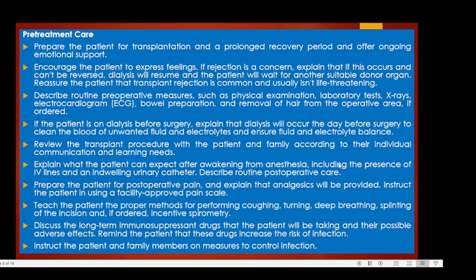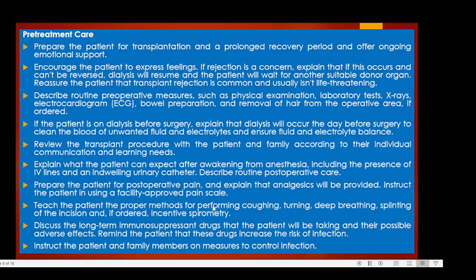This includes the presence of IV lines and an indwelling urinary catheter, so that you describe the routine postoperative care. You need to prepare the patient for postoperative pain and explain that analgesics will be used. Instruct the patient in using a facility-approved pain scale.